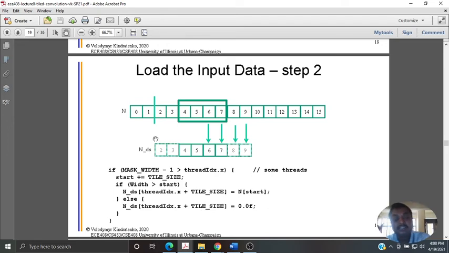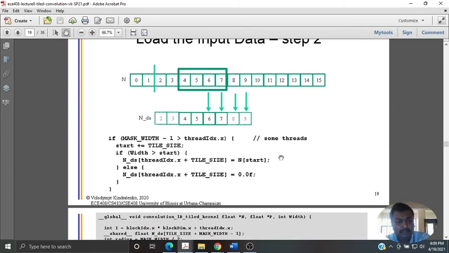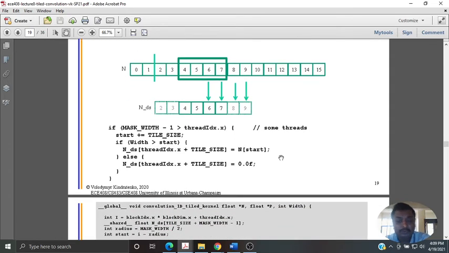If you can recollect the previous strategy of loading halo elements and computing all at once and discarding the output results at the other end. So there are three strategies. This is the second strategy. So you are loading these halo elements and then accomplishing a task. Okay, I just don't want to read the code as such. Please make sure that I have shared the entire slides, and any doubts you can discuss.